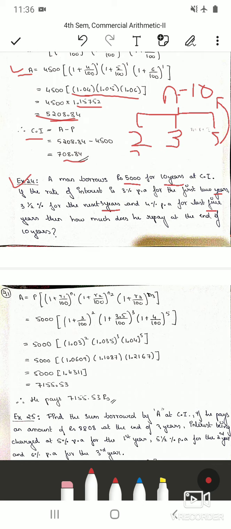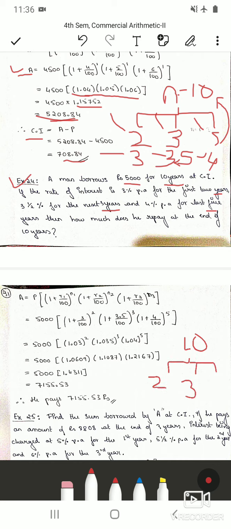For 2 years it is 3%, then 3.5%, and then 4%. So here these are your N1, N2, N3, and these will be your R1, R2, R3. If they had given it as 2, then 3, again 3 and 2, then these would be N1, N2, N3 and N4.